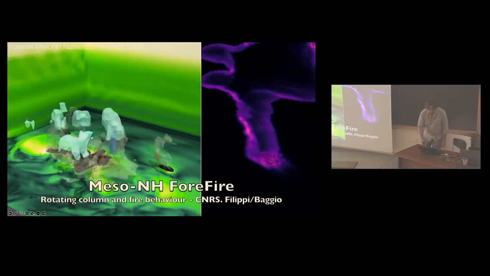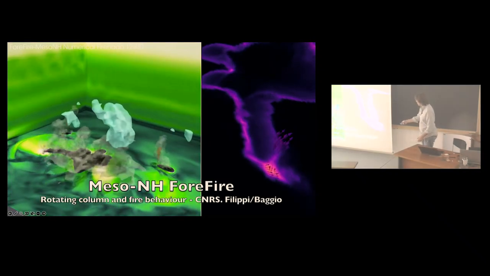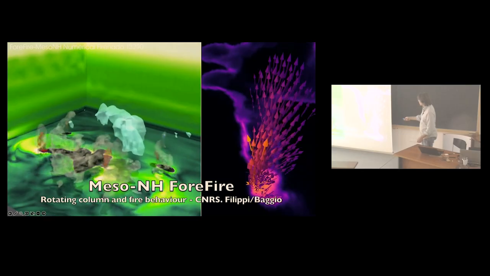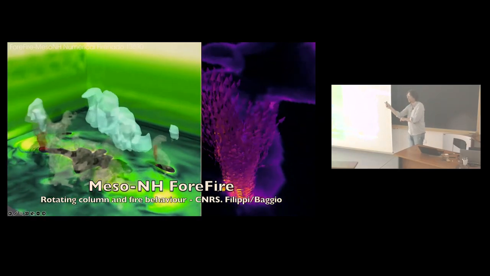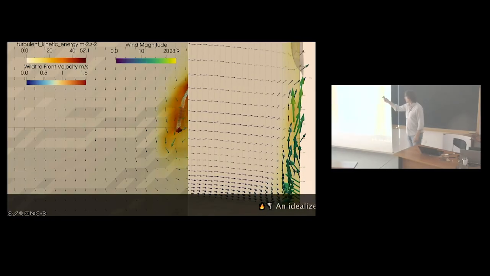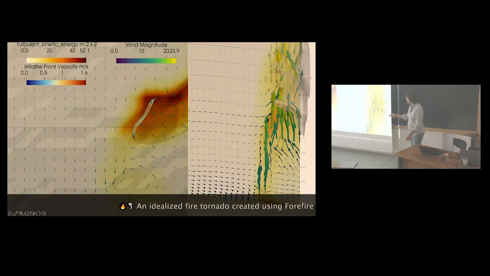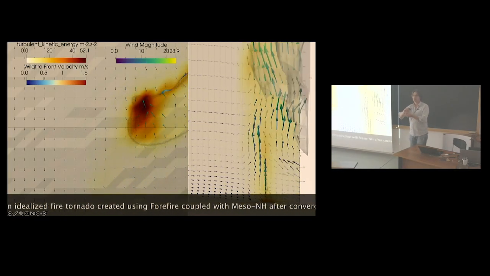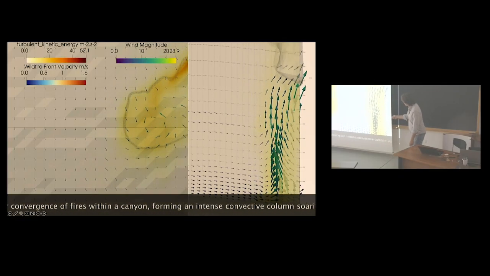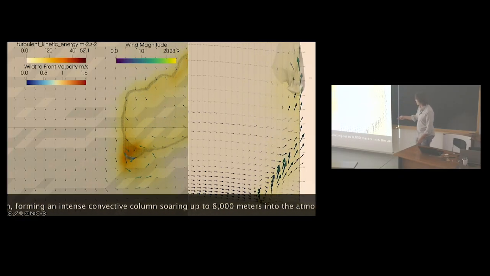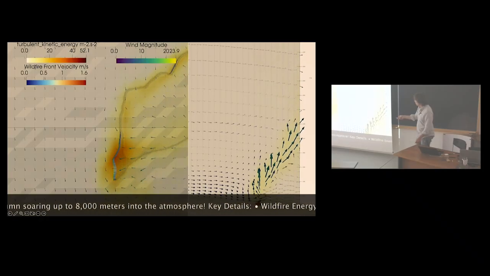And the case is actually this one, but at a lower resolution. It's where I had an absurd amount of CAPE and generated a velocity of the fire front that was two times the parameter, so I could generate some fire-induced vortices and fire tornadoes like that.